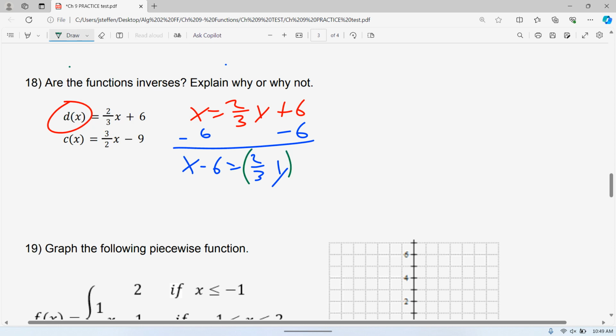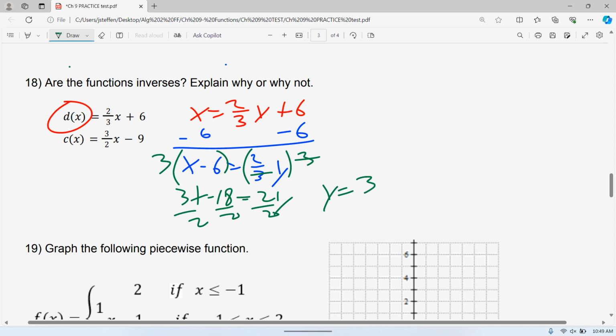Then multiply by, you could multiply by 3 over 2, the reciprocal. I like to do one step at a time, so I would multiply by 3. And then I divide by 2. That gives you 3 over 2x minus 9.